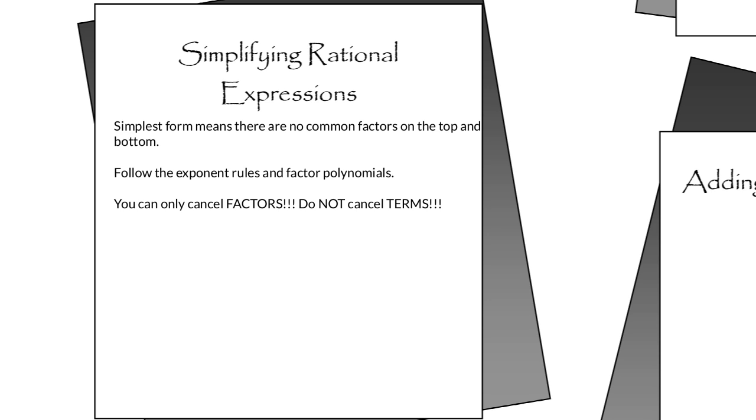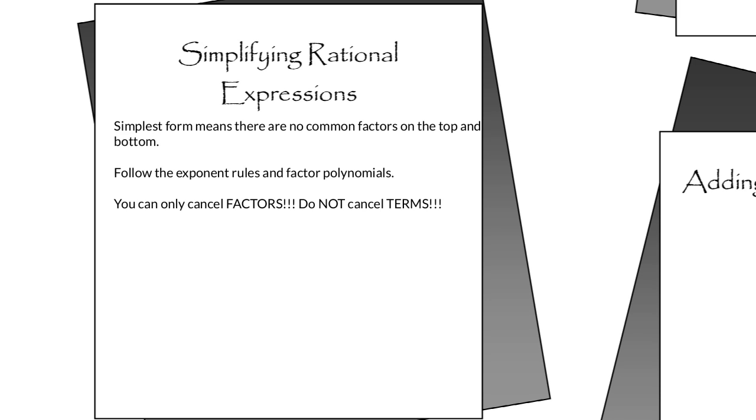A term is something like an X or a 5. Those are terms. When they're by themselves, they can be crossed out using our exponent rules, but when you have an X plus 5, that makes it into a factor. An X plus 5 can only get crossed out from another X plus 5. You can't cancel out X plus 3 and X plus 5 because they both have X's. They have to match exactly in terms of the factors, not just the terms.